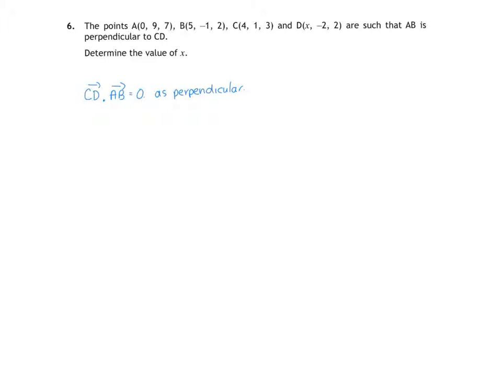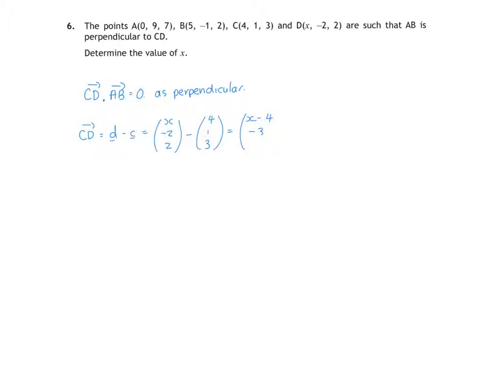Right, so we have to find CD. So CD is equal to D take away C, which is (x minus 2, 2, take away 4, 1, 3). So we're going to get x minus 4 at the top. We've got minus 2 take away 1, so we're going to get minus 3.